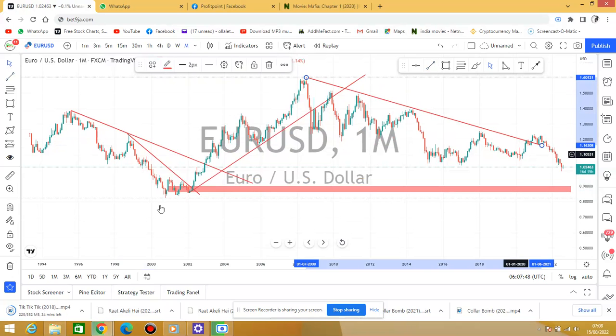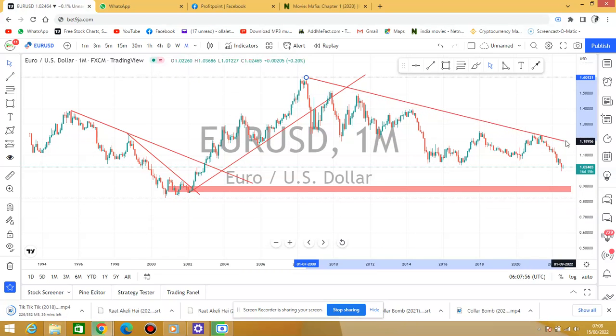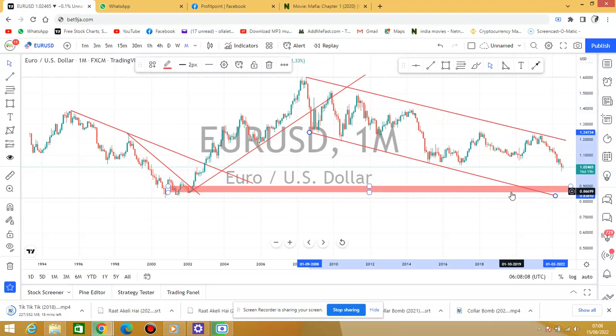But on the bigger picture, I see this one, that price still needs to come back in. Now I can easily correct this one, then correct this one as well. If you are using Elliott wave, one, two, three, four, five here.